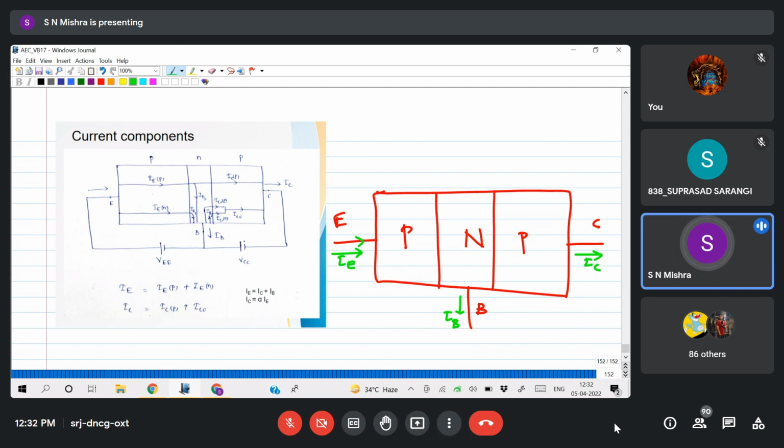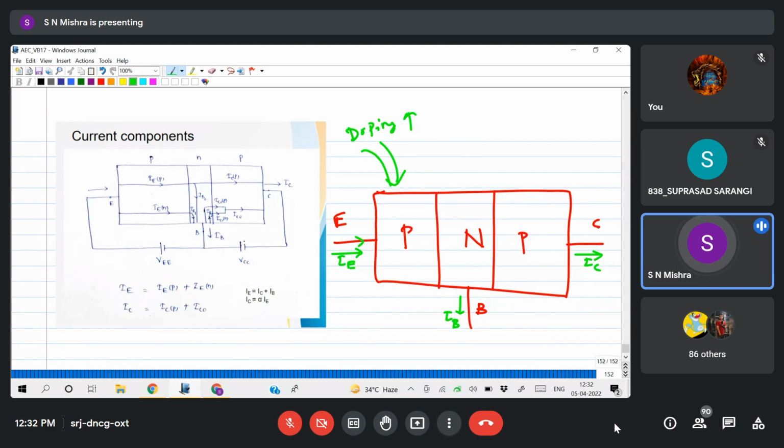Now, if the emitter will emit the charge carriers, then if I dope more, I'll get more charge, because doping increases the number of majority carriers in the P-type material, yes or no?